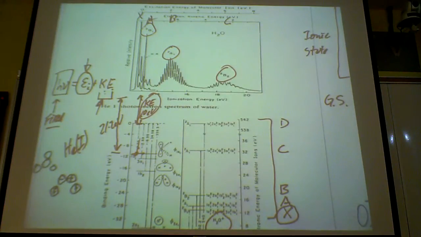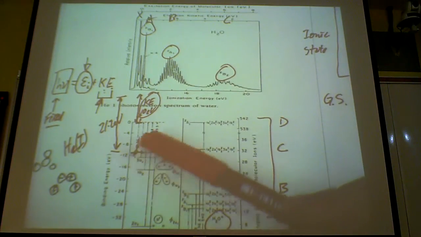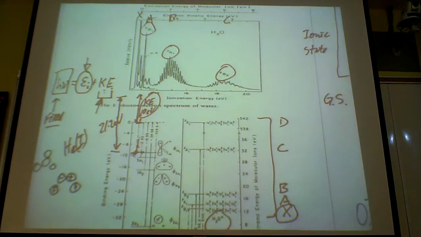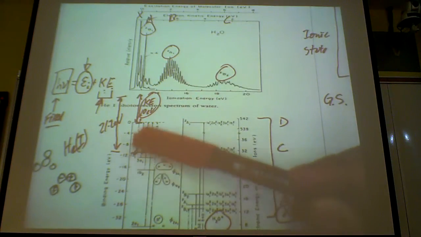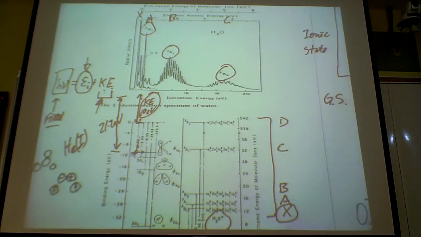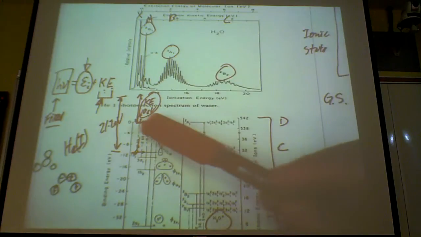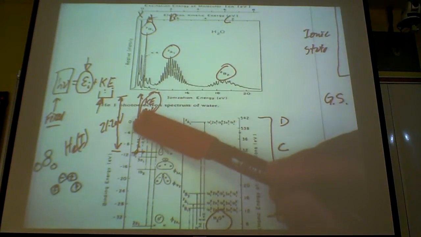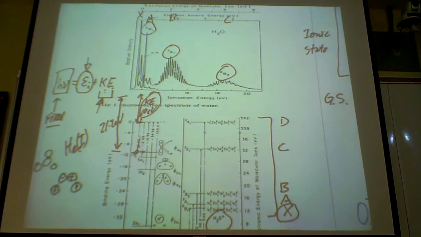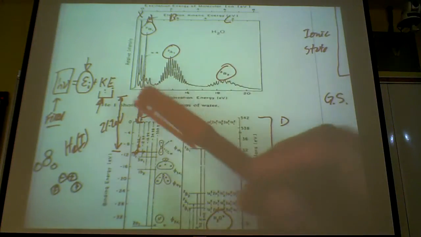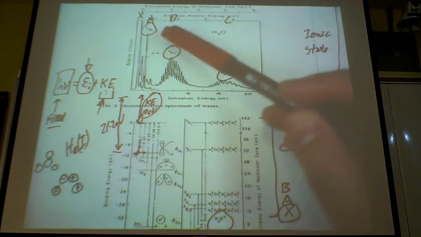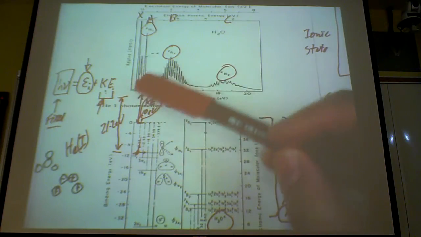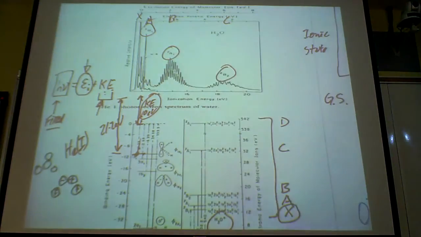It takes about 12.7 electron volt to overcome its own molecular field to the vacuum level, when it becomes a free electron, and the rest, about 9 volt or so, is taken up by this electron as kinetic energy. So it will have less kinetic energy, and that corresponds to this little peak that you see here.